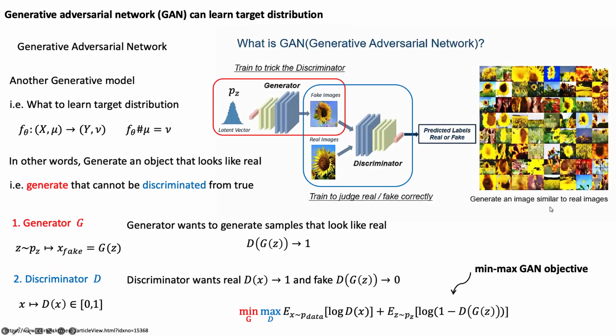But what our GAN generator wants to do is to minimize that maximum performance of the discriminator. Is it clear about this index?